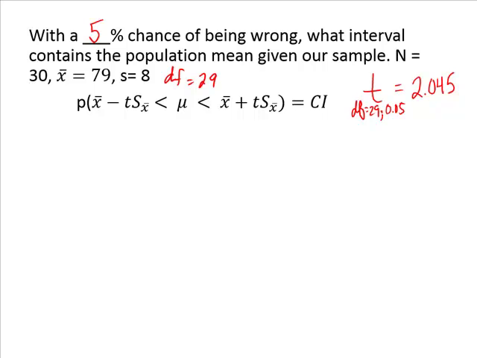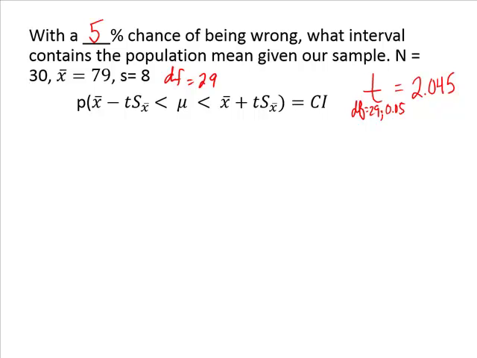You'll want to come up with what makes sense for you, because that t-score only applies to us in one situation. When your n is 30 and you have 29 degrees of freedom, and your decision rule is 5% in the tails, or 0.025, whatever. You have to remember that.